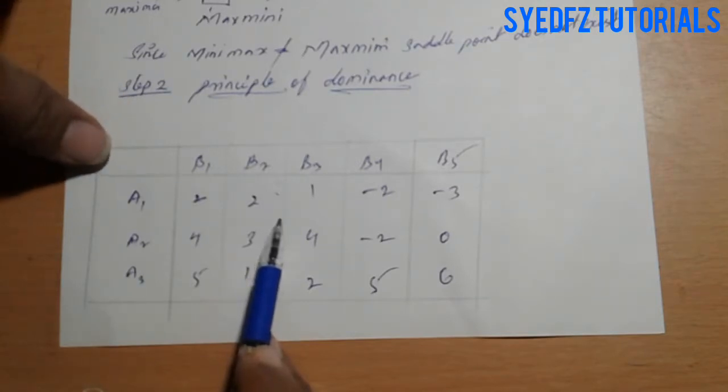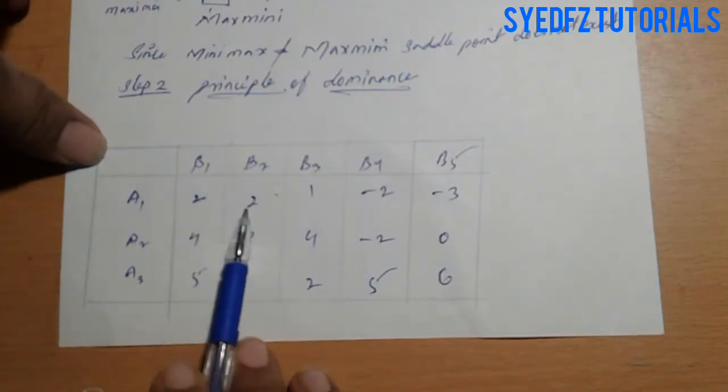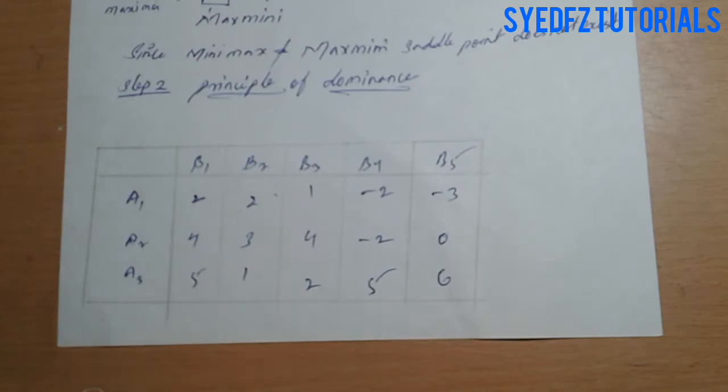A1 row values are equal at 2, but 4 is greater than 3 and 5 is greater than 1, so B1 is dominating B2.